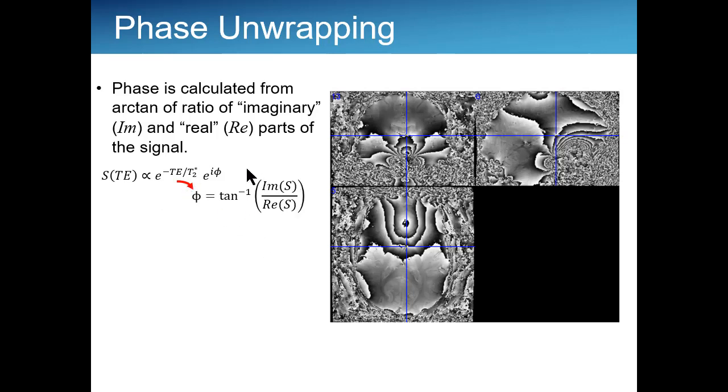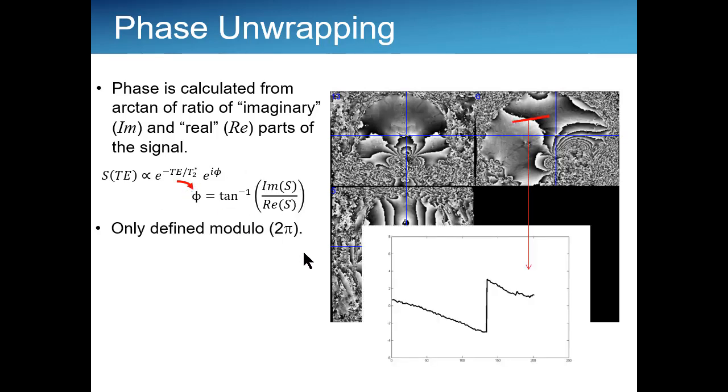The problem is this is only defined modulo 2 pi. So as we look at the phase changing as we move along a line like this, when we reach a value where the phase is minus pi, it just gets wrapped back into roughly plus pi. So we have a discontinuity.